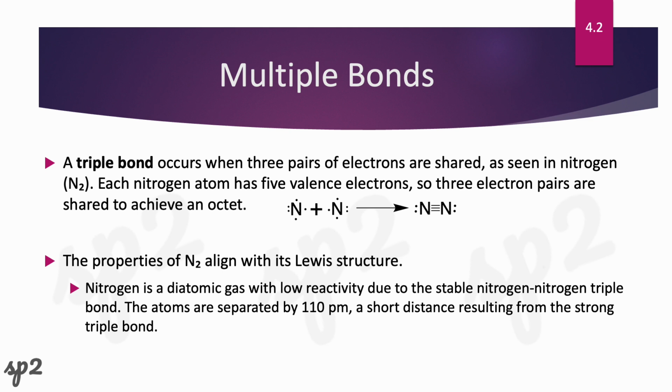Nitrogen is a diatomic molecule that has very low reactivity. If it's very low in reactivity, it must be a pretty stabilized molecule. So it seems that having a triple bond between the two nitrogens makes this molecule pretty stabilized, right? The distance between the two atoms is about 110 picometers, a very short distance resulting from the strong triple bond between the two nitrogen atoms. Okay.